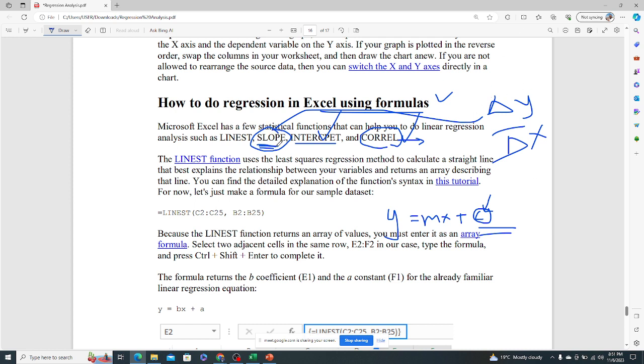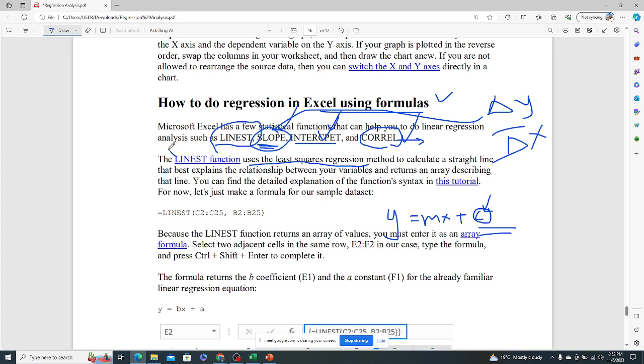And then we'll also have another new function which is called LINEST. Let me just call it that way. LINEST is a function that uses the least squares regression method to calculate both slope and intercept.